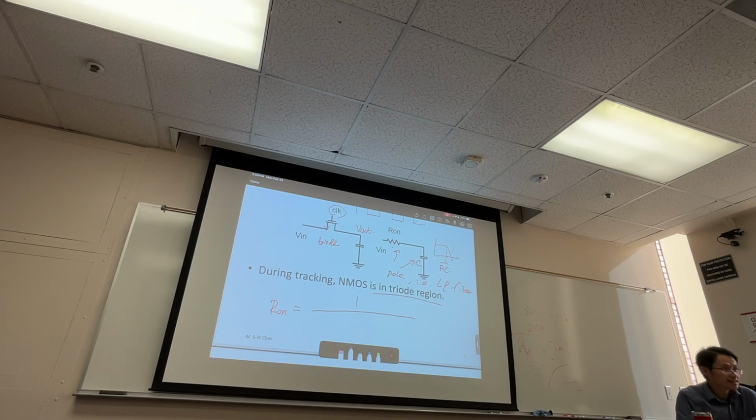It's 1/(mu Cox W/L), right? That sounds familiar. And what else? 1/(VGS minus VTH). So what is VGS?